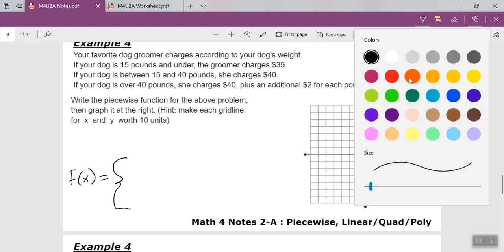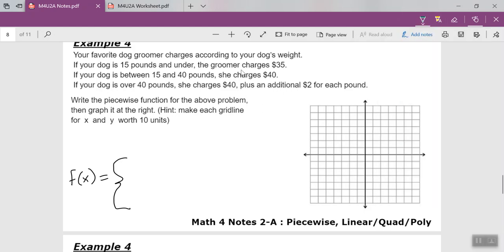I'm going to start with this guy. And we're going to do it like this, where this is the charges, and this is the pounds, how much weight.